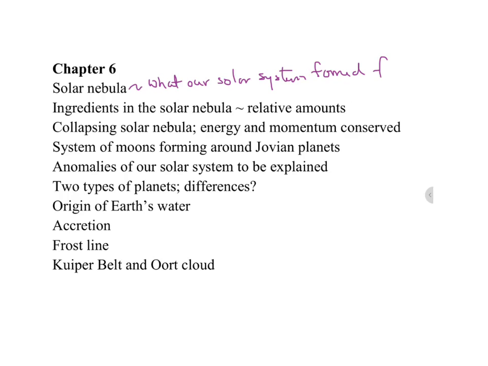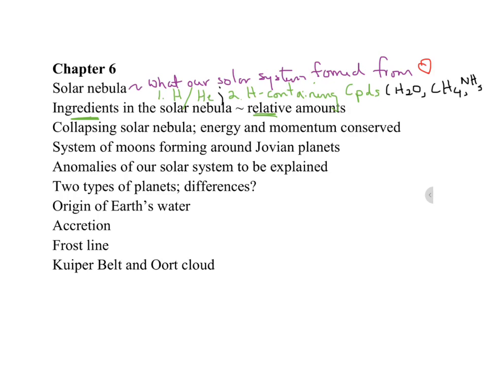So solar nebula in general, we're talking about the early stages of our solar system, basically that blob that ultimately became our sun and the planets. We talked about three different ingredients in the solar nebula, and in order of their abundance, I have them listed here. I listed the two in green first because they were most abundant.